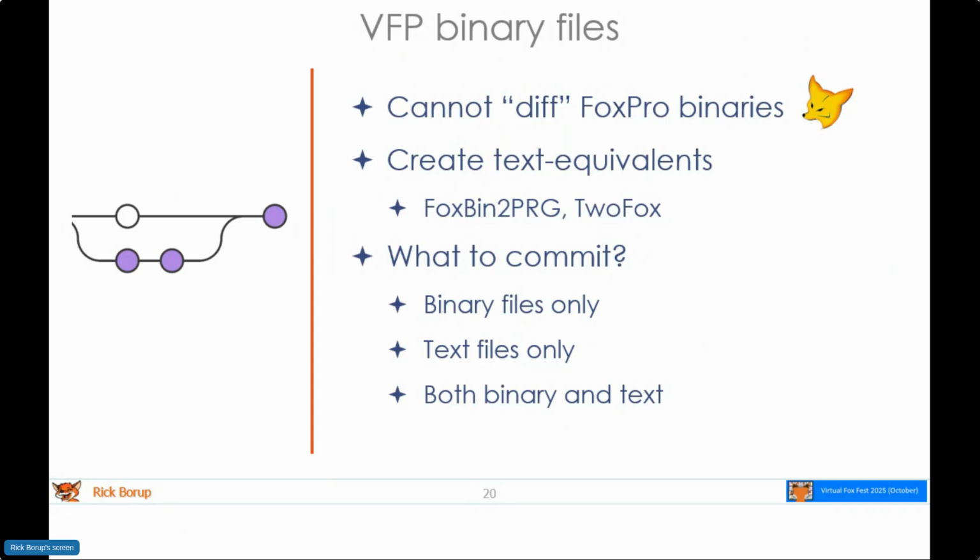All three are valid and different developers have different approaches. Binary files only is okay, except that you have to then regenerate the text files in order to do any comparison between two versions. Text files only has the advantage of keeping the repository smaller because the snapshots that are committed to the local repository are essentially zip files.